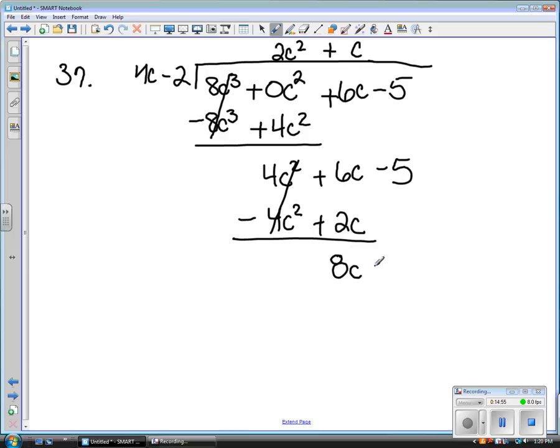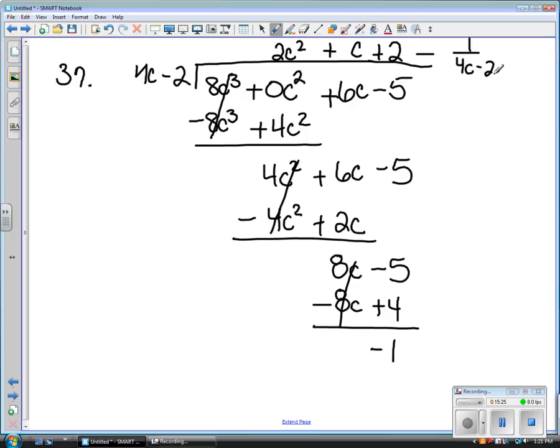Bring the number down. 8c divided by 4c is 2. 2 times 4c is, and 2 times negative 2. We'll switch those. This cancels off. If you go back through again. Negative 5 plus 4, negative 1. So that pulls up here as minus 1 over 4c minus 2. Very good.